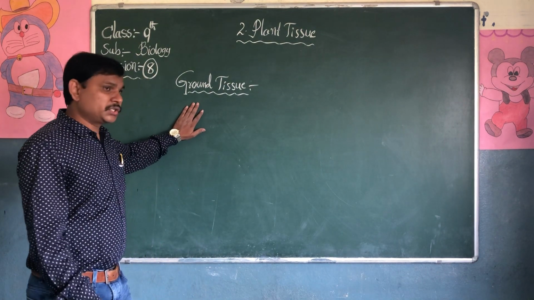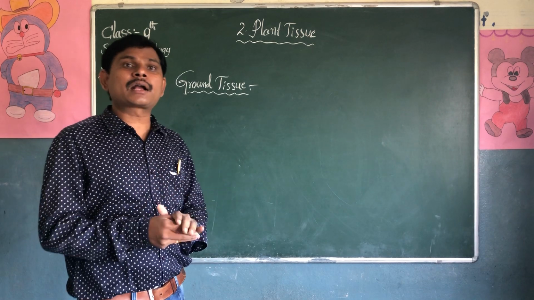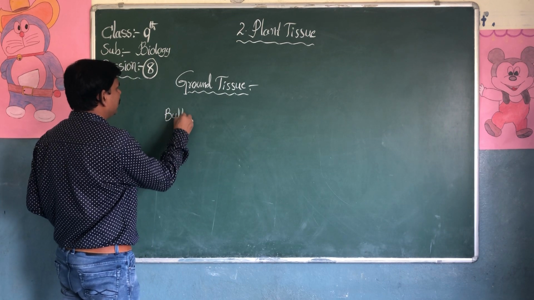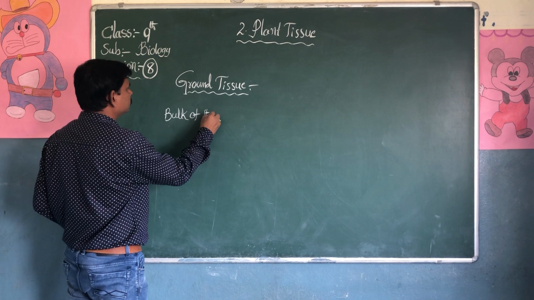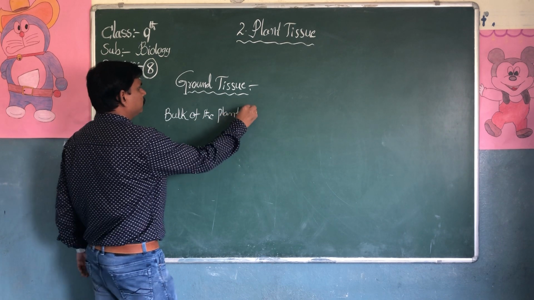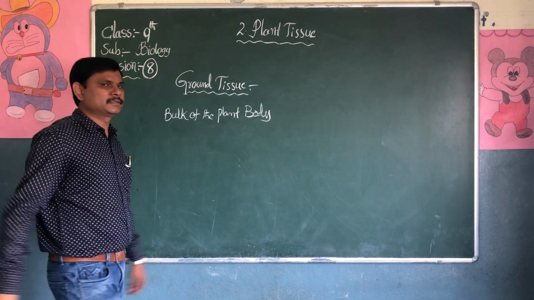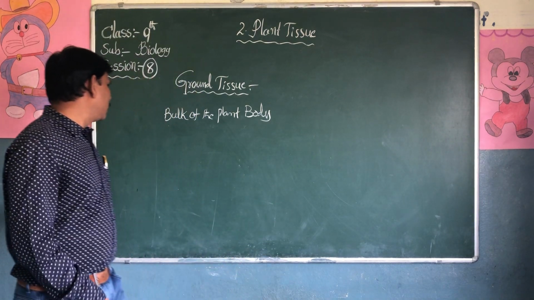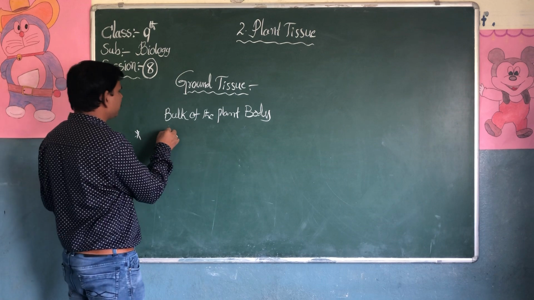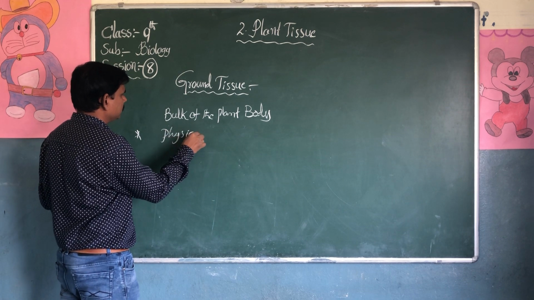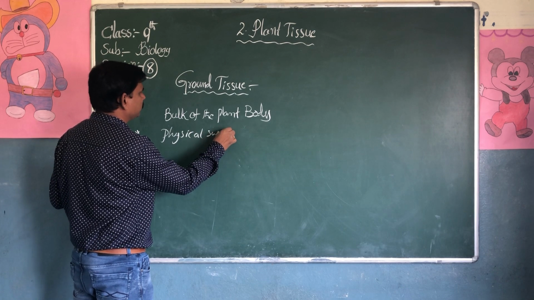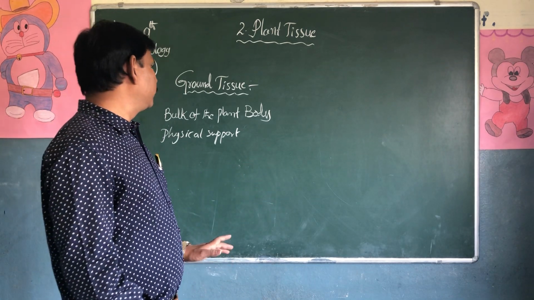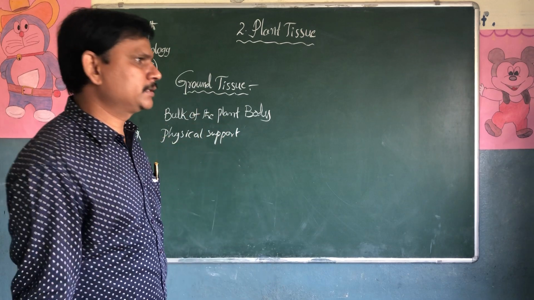Ground tissue is the tissue that forms the bulk of the plant body, and it gives physical support to the plants.